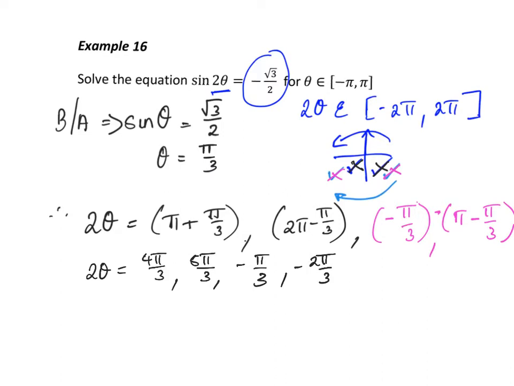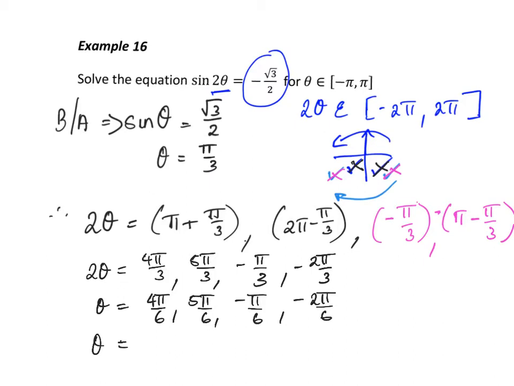And I'm nearly there. I don't want 2 theta, I want theta, which means I need to divide everything through by 2. So I get 4 pi on 6, 5 pi on 6, minus pi on 6, and minus 2 pi on 6. And what I'll do is I'll put them in order from smallest to largest and simplify them where I can. So what is smaller, minus pi on 6 or minus 2 pi on 6?